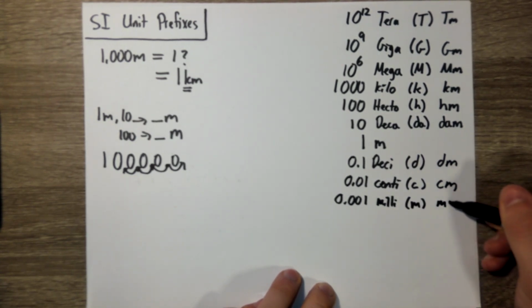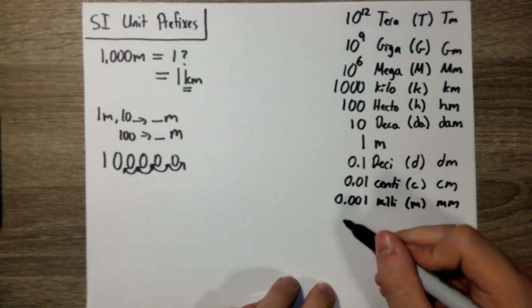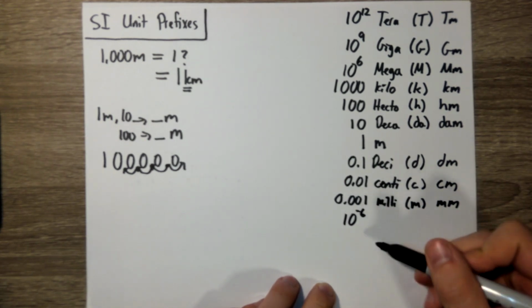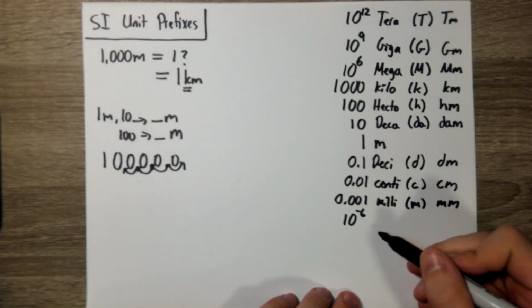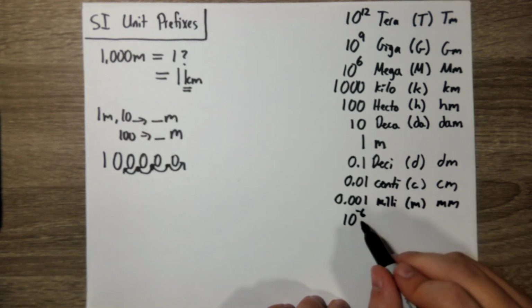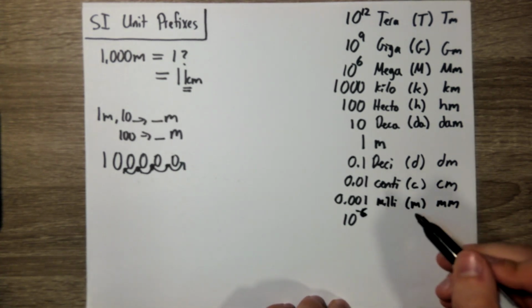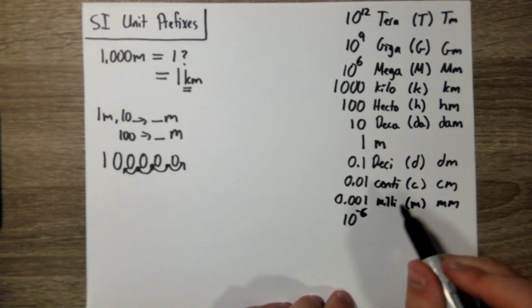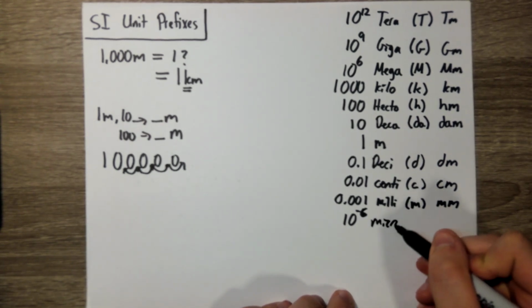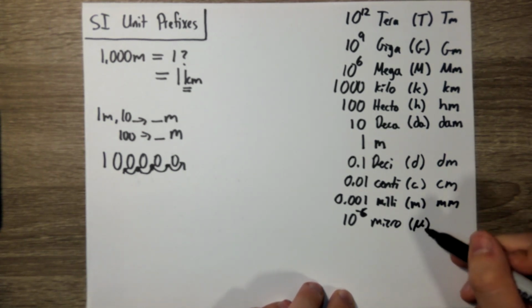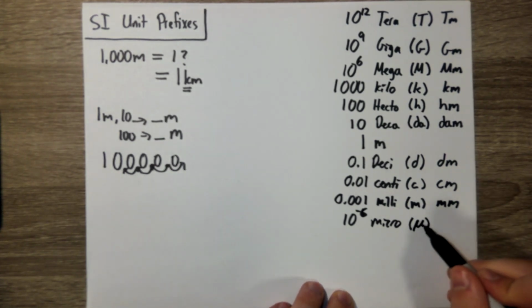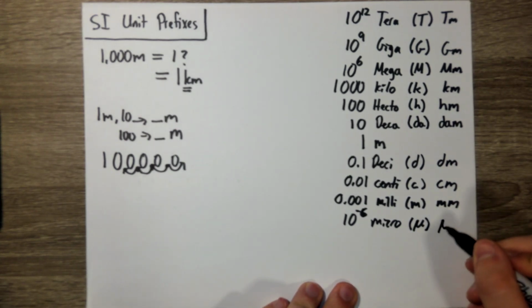Again, skipping to a millionth, 10 to the minus 6. Not millionth decimal place, but I guess millionth decimal place, yeah, that makes sense. You get micro, which is given by the Greek letter mu, which is just a U with a long tail, pretty much.